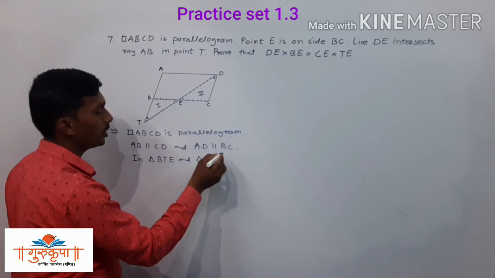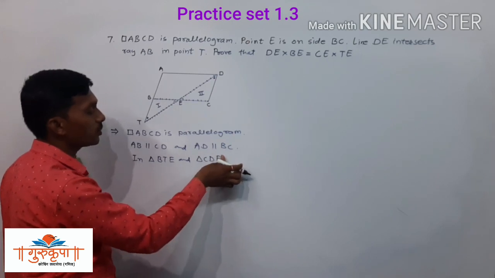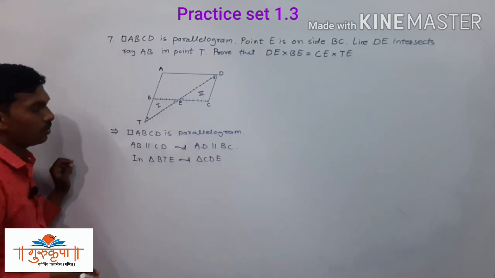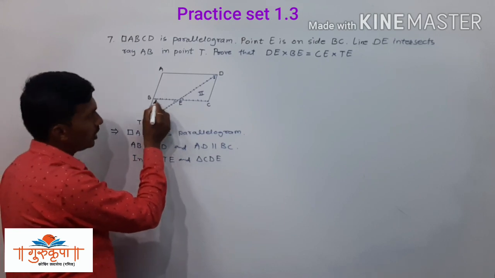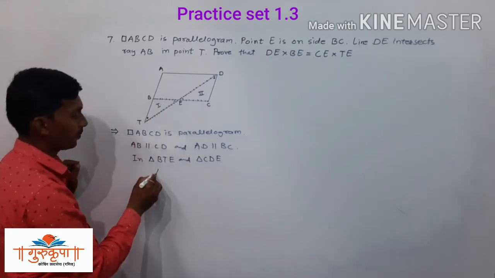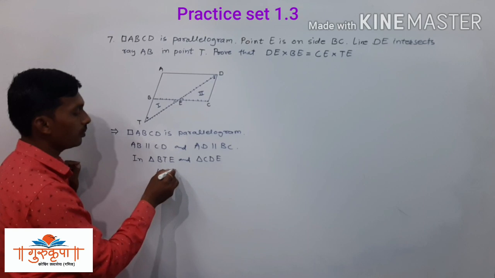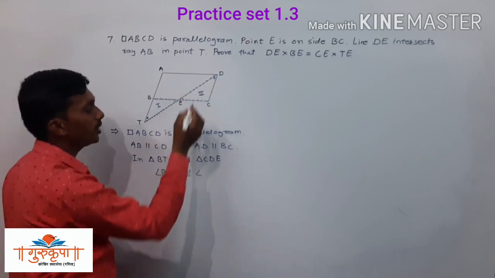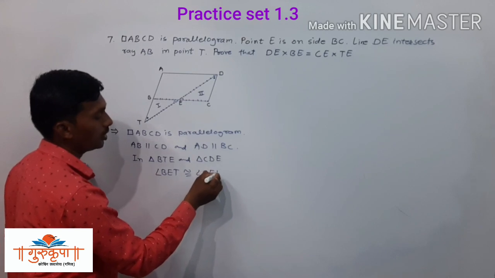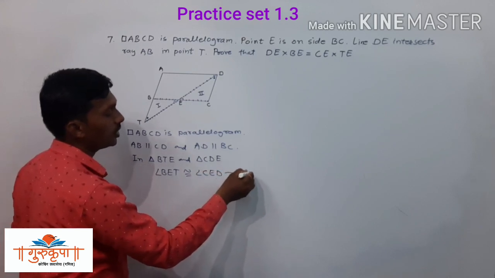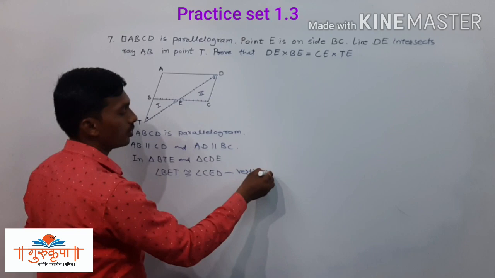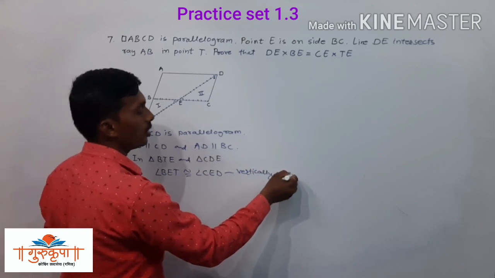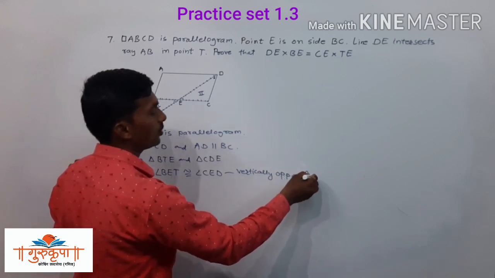Here no need to write the names of the triangles according to correspondence. Now from this triangle, angle BET is congruent to angle CED, and the reason is vertically opposite angles. Vertically opposite angles are congruent with each other.